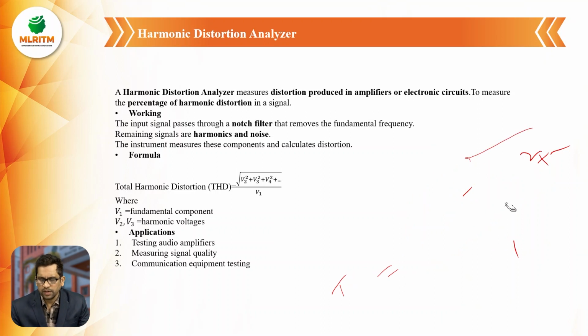So, what are the applications where we will use these harmonic distortion analyzers? Mainly, they are used in testing audio amplifiers, measurement of signal quality, and communication equipment testing. These are the main application areas of harmonic distortion analyzers.